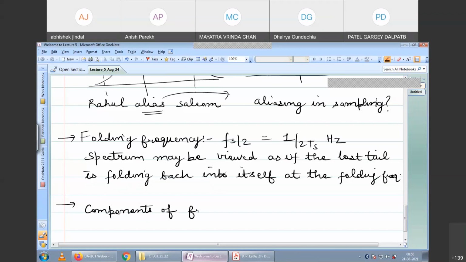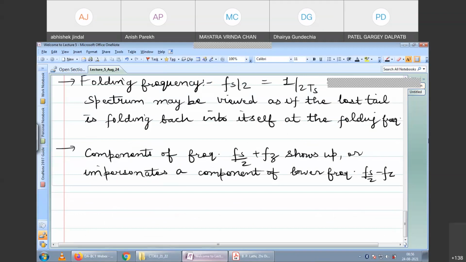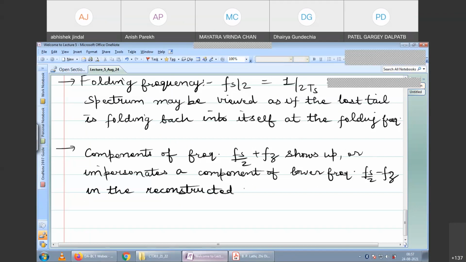Components of frequency fs by 2 plus f of z, suppose this f of z is some arbitrary frequency value in hertz, shows up or impersonates, this is important, or impersonates a component of lower frequency, that is fs by 2 minus f of z, in the reconstructed signal.